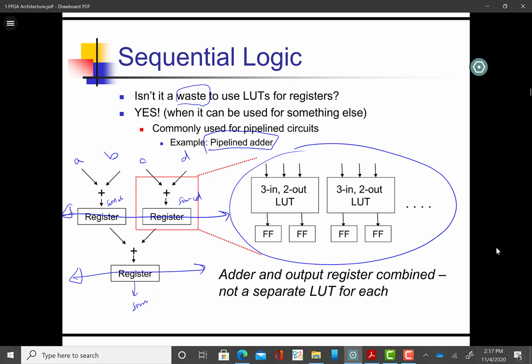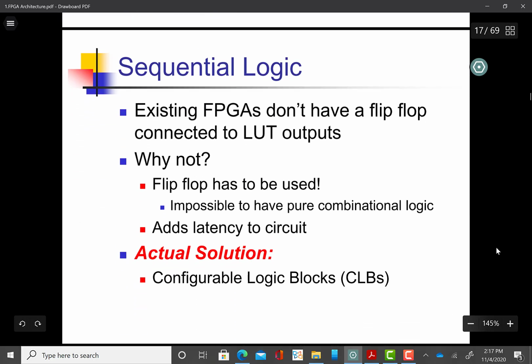So this FPGA architecture is designed keeping in mind how the actual circuits are structured. So we always have some combinational logic, and then we have these flip-flops. So it's not that bad.